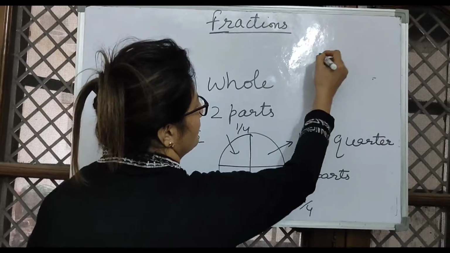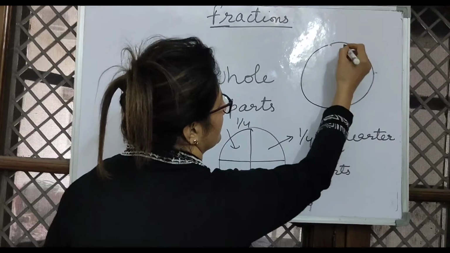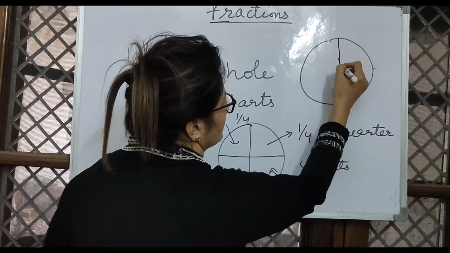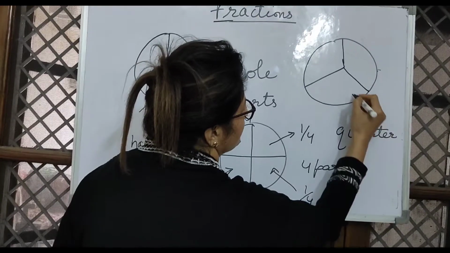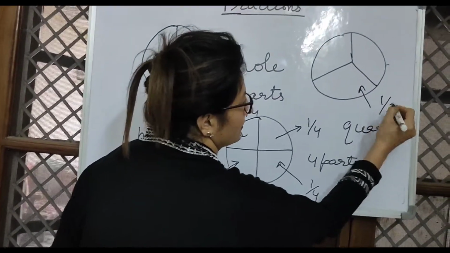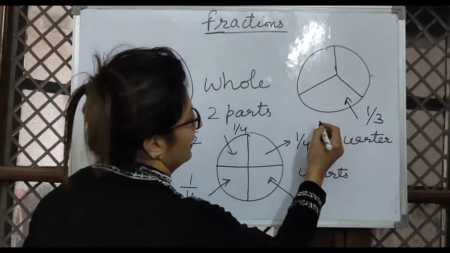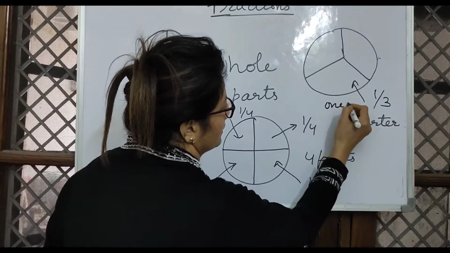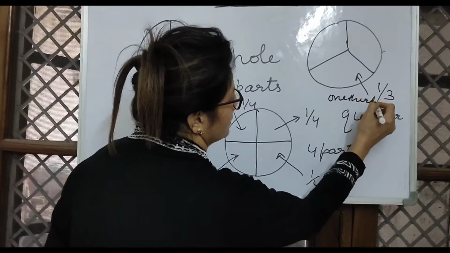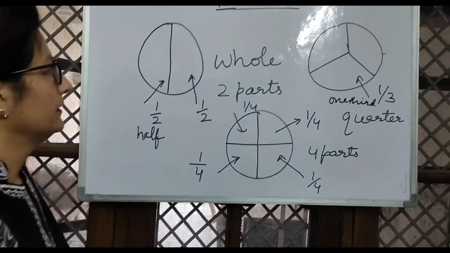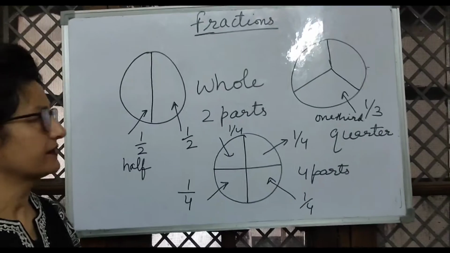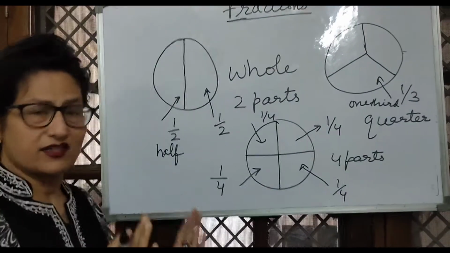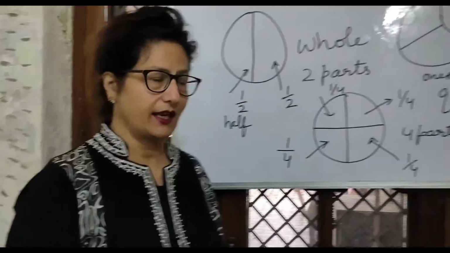Now in the same way, if I make 3 parts of it, then each part is known as 1/3. Now I hope you can understand what a fraction is. Fraction is a part of a whole thing.